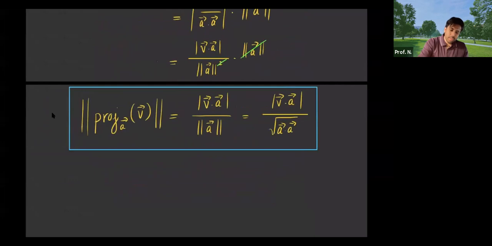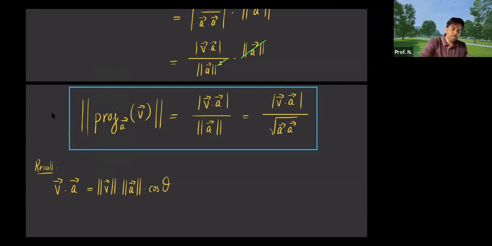Oh, and actually one more thing. If you guys recall, what is V dot A? There's a lot of recalling today. Recall here that V dot A is the norm of V multiplied by the norm of A multiplied by cosine of the angle, right? Isn't that the formula for the dot product?